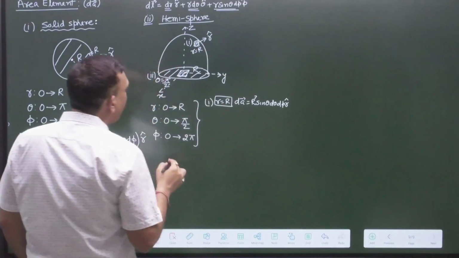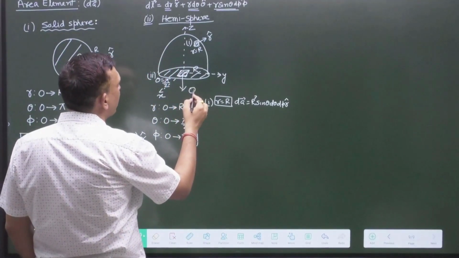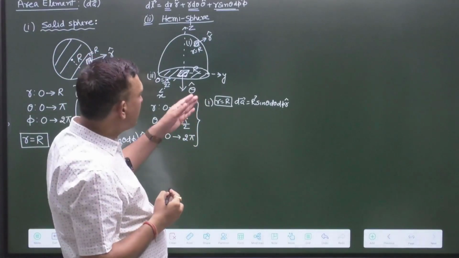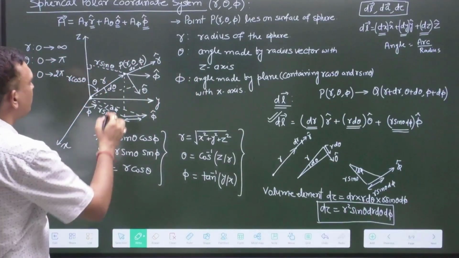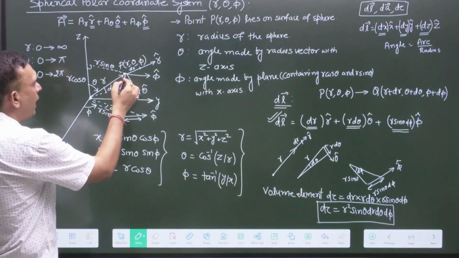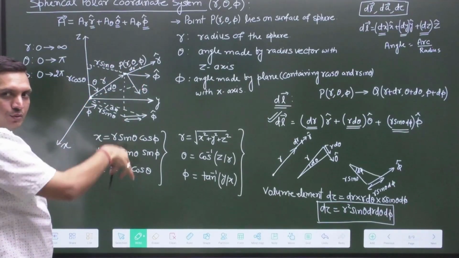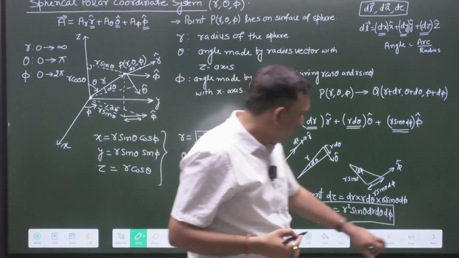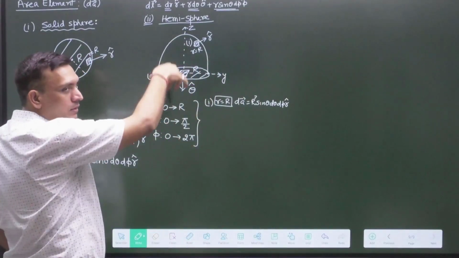And what will be the direction? Away from the surface. This direction is theta cap. You can see here, if point P is in the XY plane, theta cap is downward. So the downward direction is the theta cap direction.